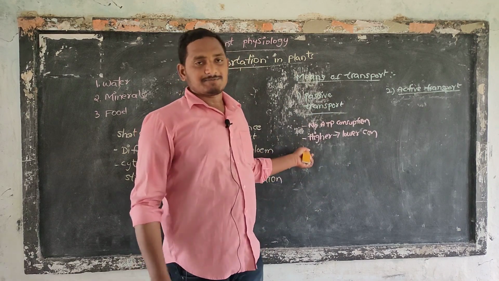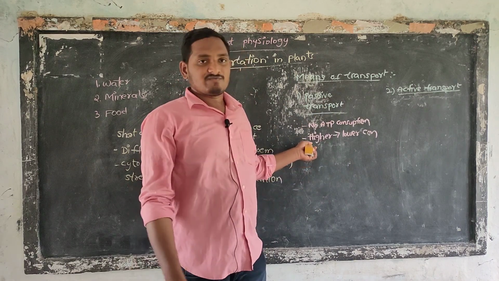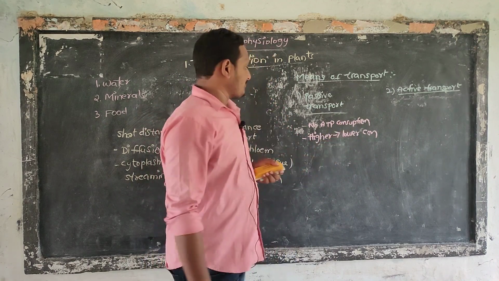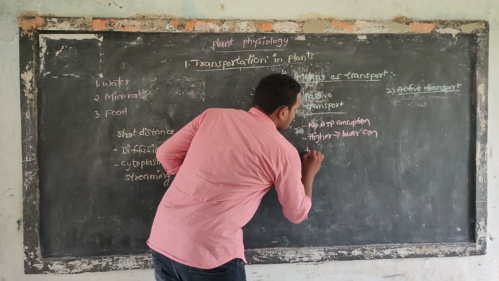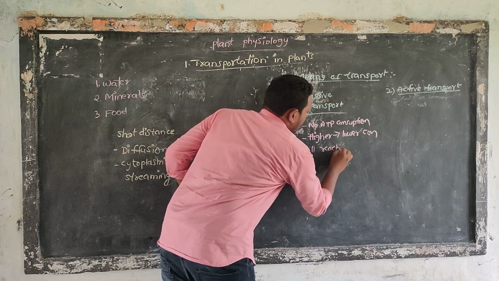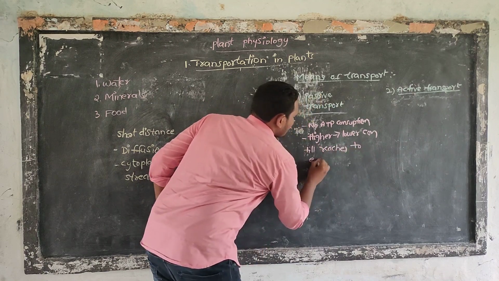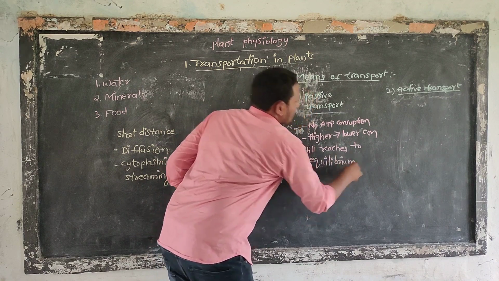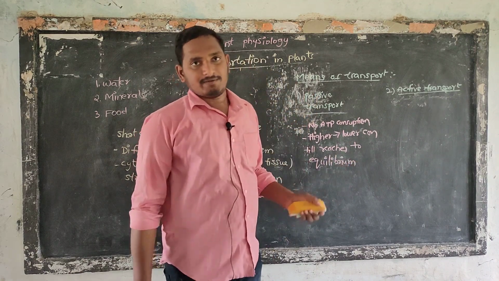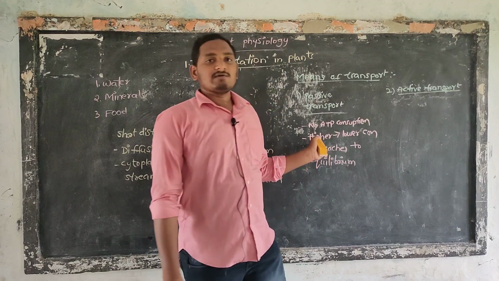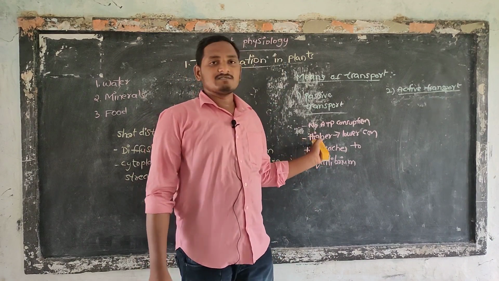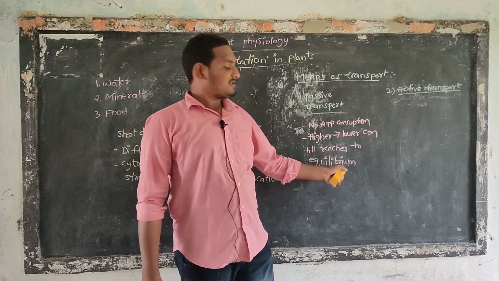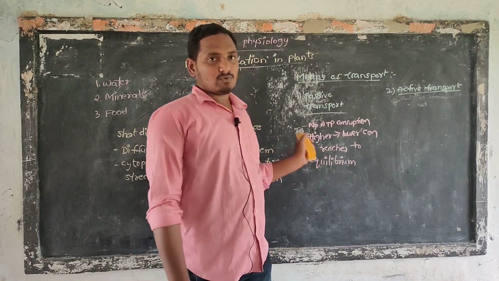Molecules or substances mainly transfer from the region of higher concentration to the region of lower concentration through the plasma membrane, till they reach equilibrium. Equilibrium means a 50-50 distribution. There is no net movement.